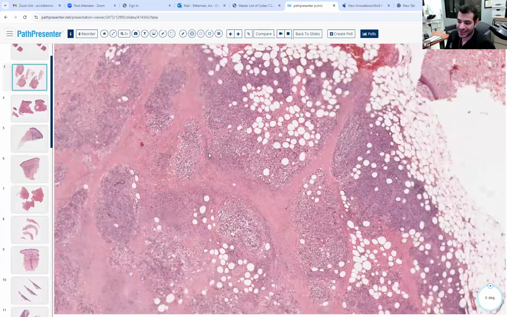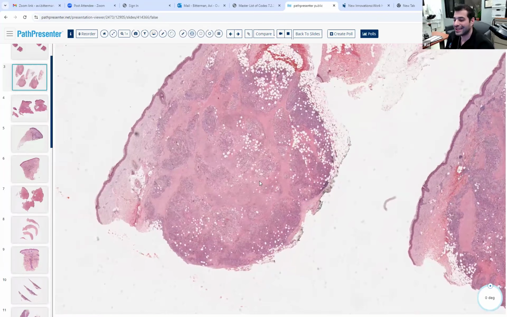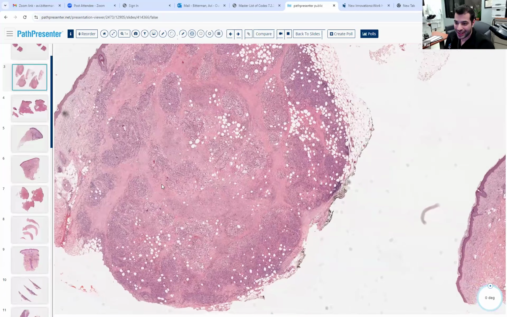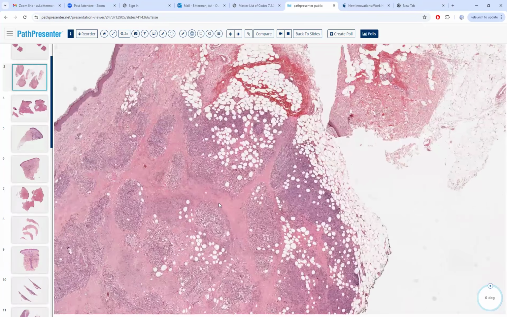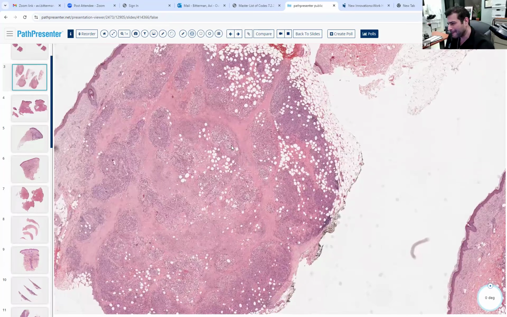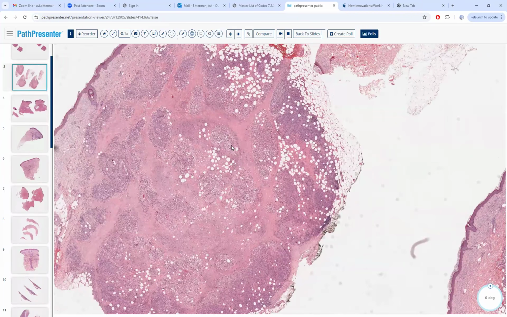So let's put it all together. Palisaded granulomatous dermatitis with cholesterol clefts, multinucleated giant cells, some in a wreath-like pattern, a dirty appearance, and neutrophils present. What are we thinking here? NXG. What's an association with NXG? Juvenile myelomonocytic leukemia?